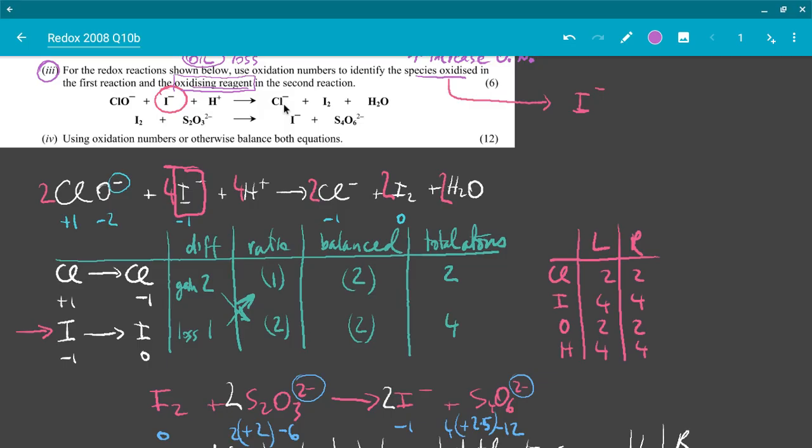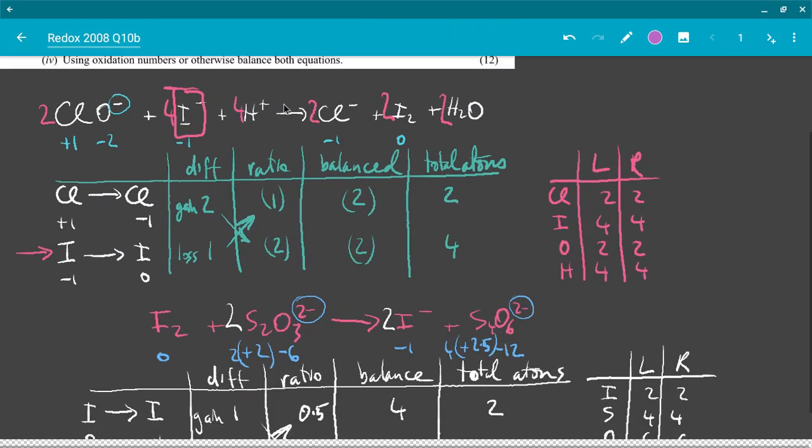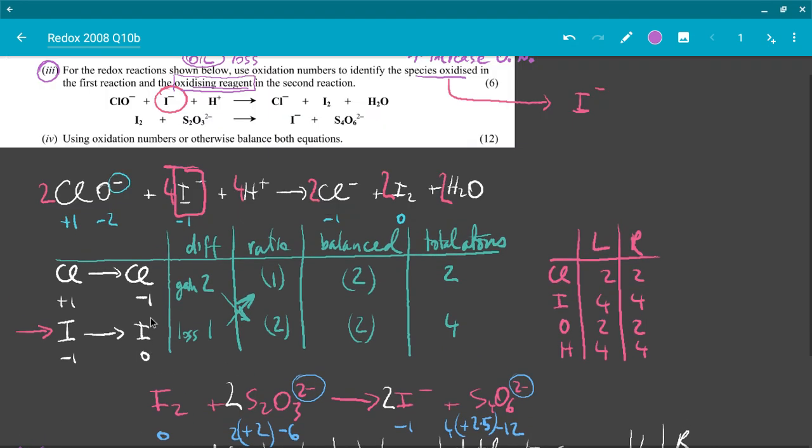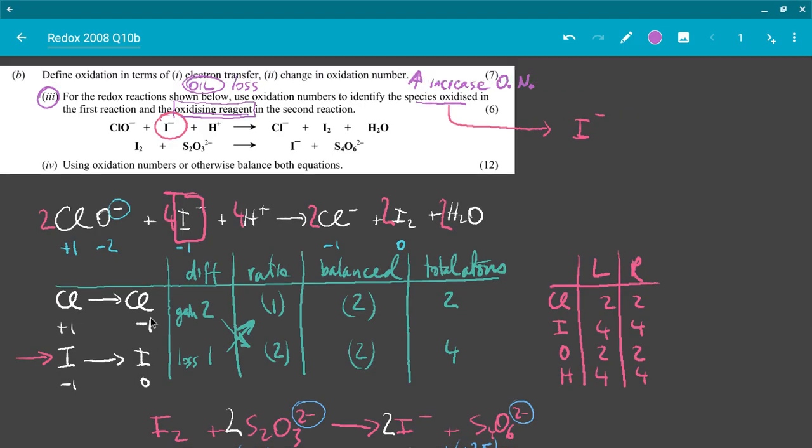Well, the oxidizing reagent is itself reduced. So what is reduced? I'm remembering that reduction is gain of electrons. What's gaining electrons? Iodine's gaining electrons. So that is the oxidizing agent, I2. And you must put in the subscript there to get full marks. That's the oxidizing agent.